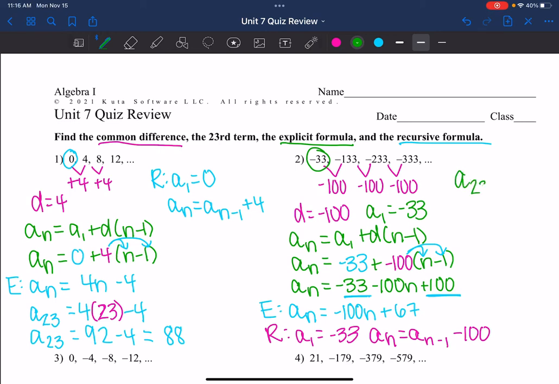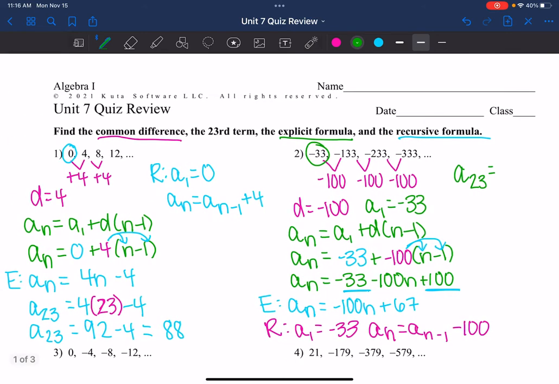So a to the 23rd would be, move this over a little bit. So I use my explicit formula, which would be negative 100 times 23. And I'm going to run out of room, but that's okay, plus 67.